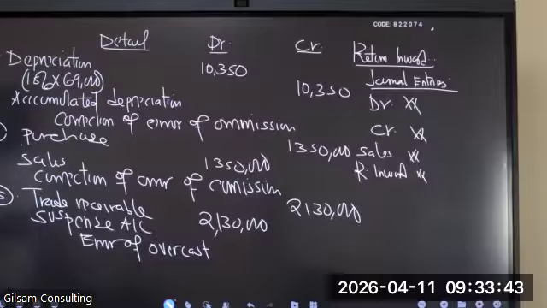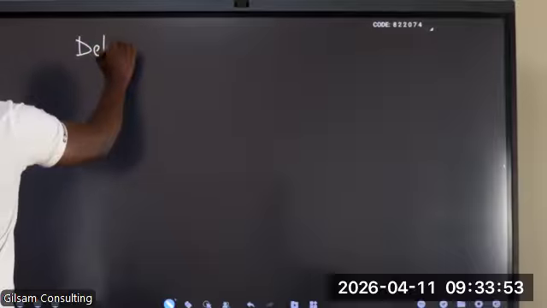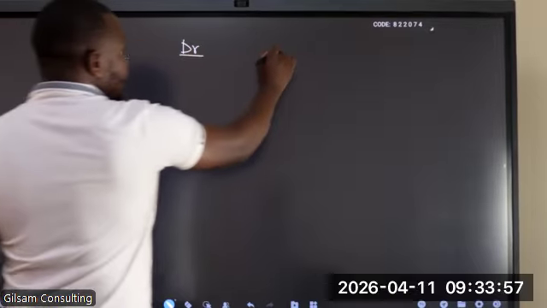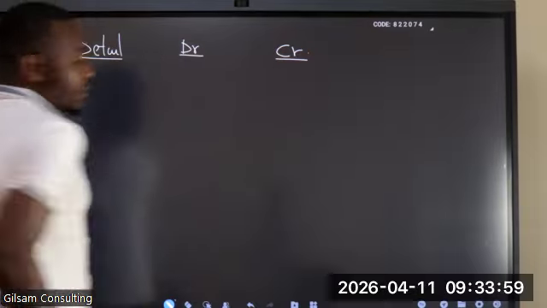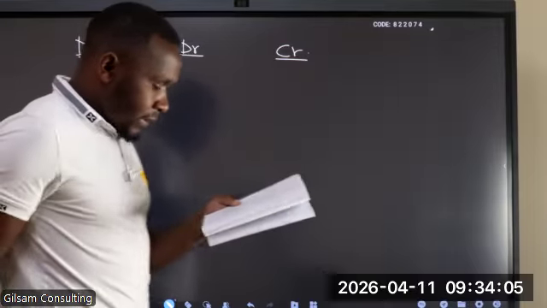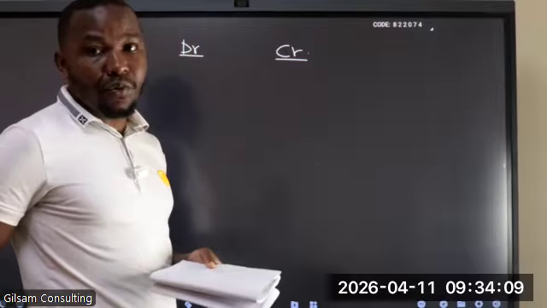We go to note number 8. Number 8 is that discount allowed of 1350 has been correctly entered in the cash book.